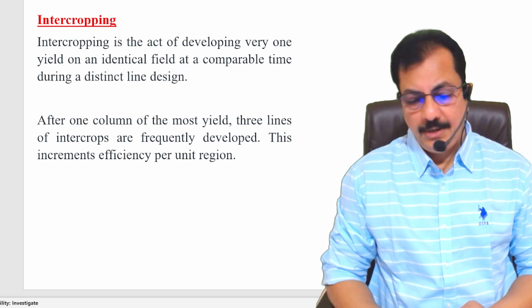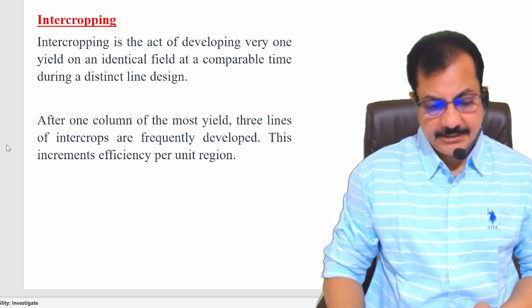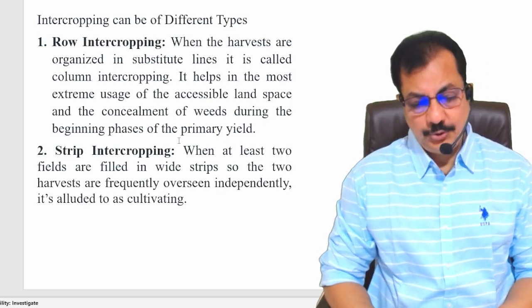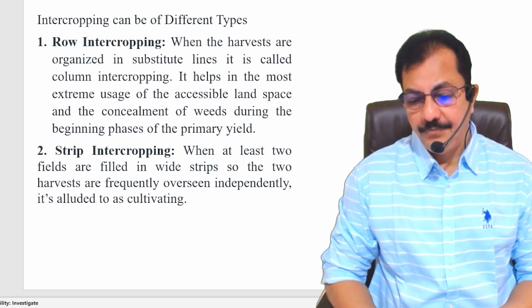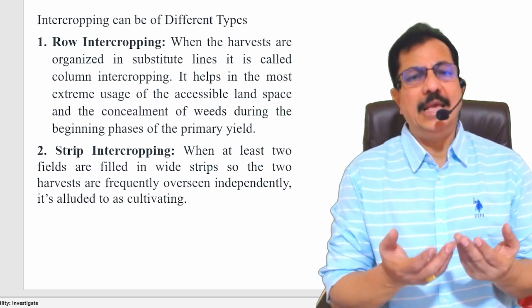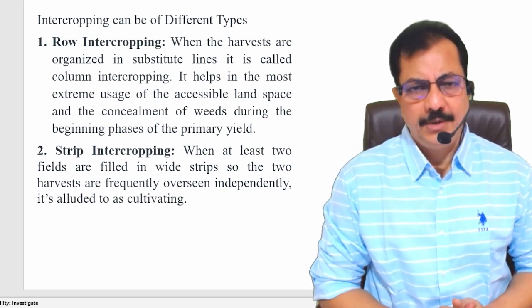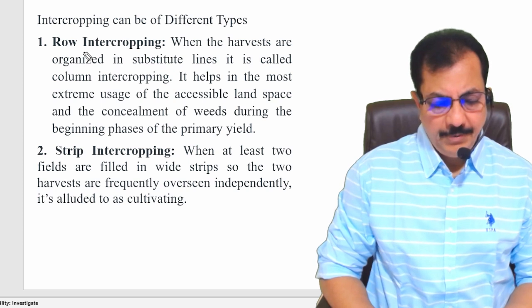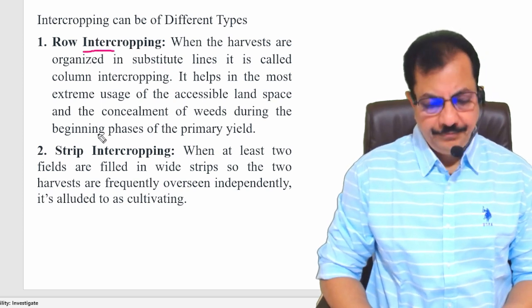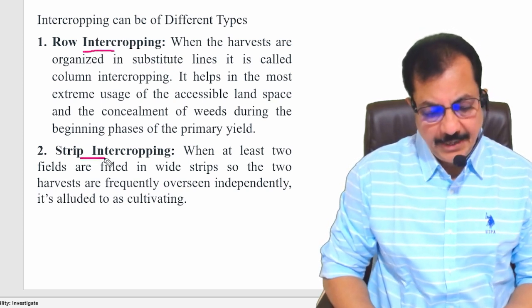Now let's go ahead and discuss more on this one. When it comes to intercropping, again, right? Depending on how exactly you are going for the cropping, it may be row intercropping, it may be strip intercropping.